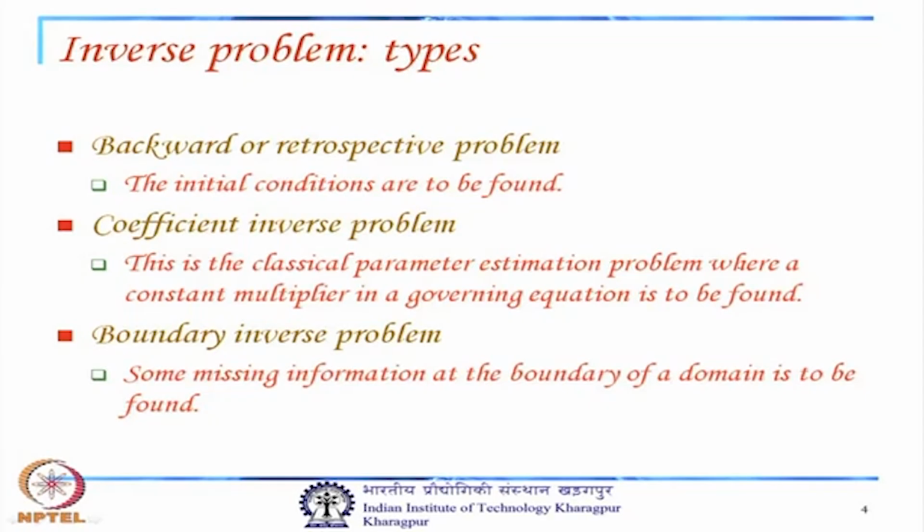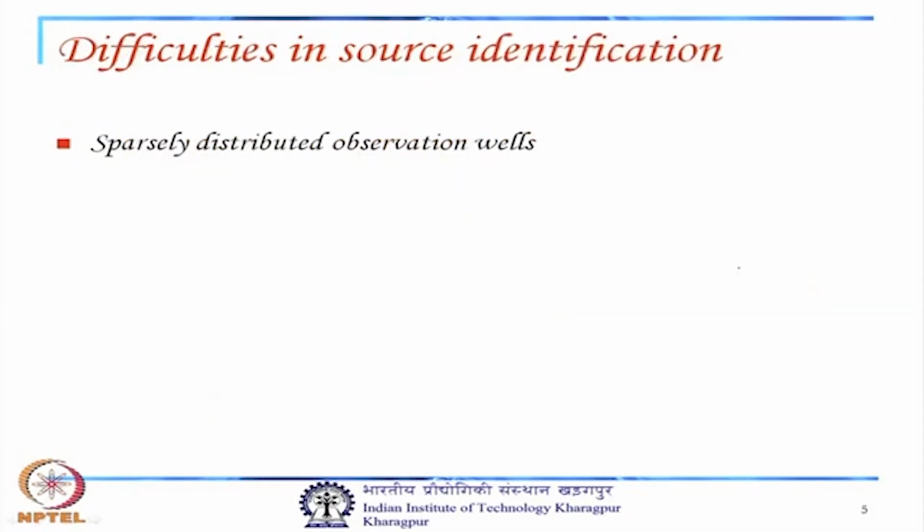Inverse problems are mostly ill posed problems, because most of the cases we may not have a unique solution for an inverse problem. So, difficulties in source identification: sparsely distributed observation wells, that is the most important thing, because if there is no proper observation or monitoring network, then it is a problem.